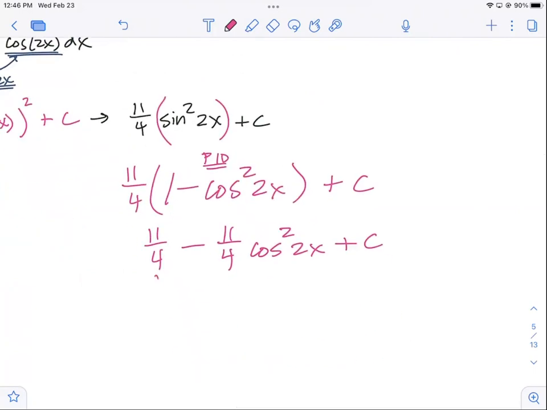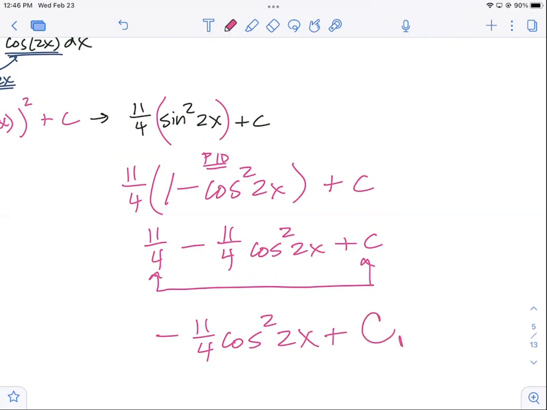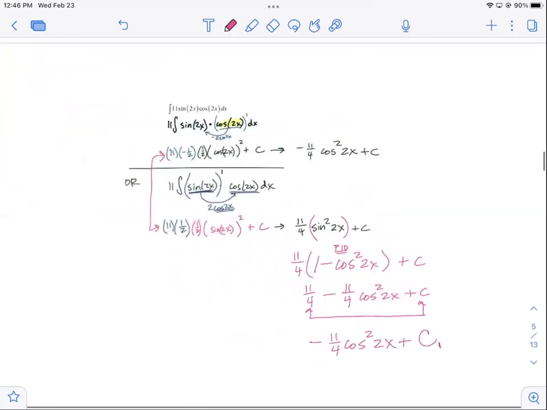And oh, by the way, what is 11/4, a constant, plus an unknown constant? It's another constant, isn't it? So I get this new and improved constant called c sub 1. And is that the same thing as I have over here? Yes. Now those constants aren't necessarily the same. So they only differ by a constant.